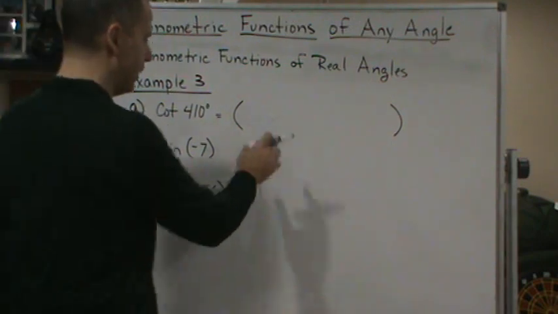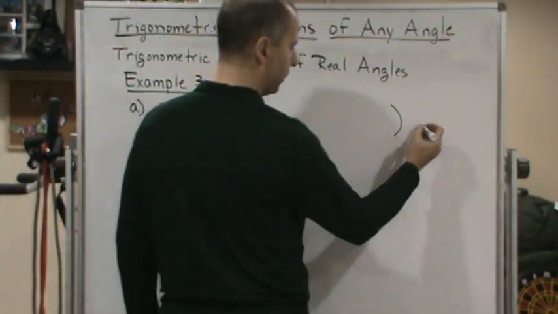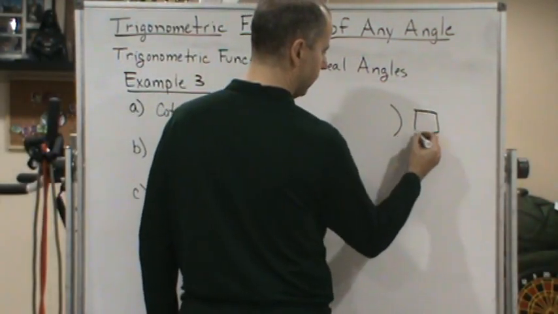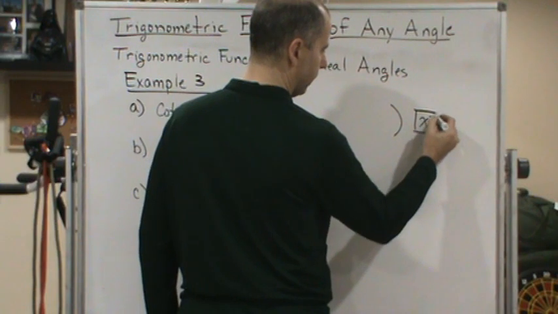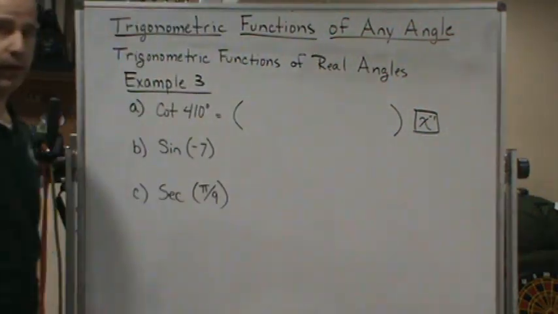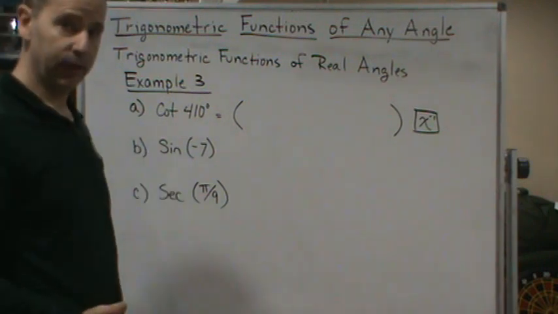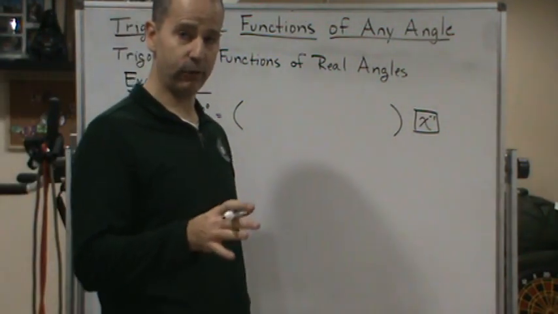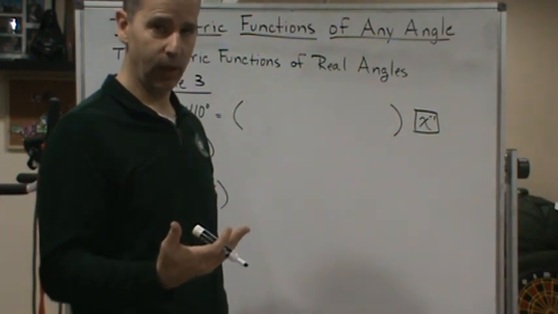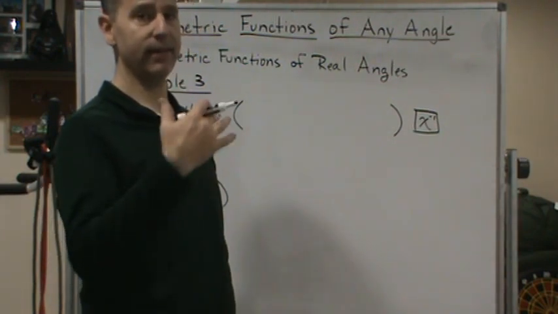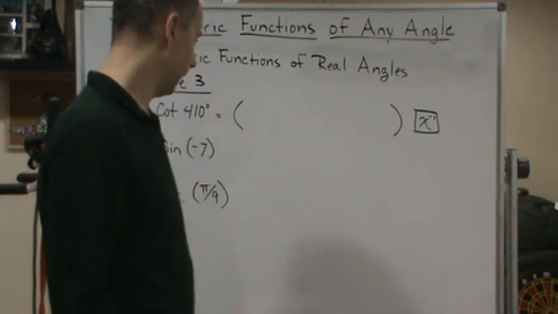Then I'm going to use the inverse key, x to the negative 1, to flip it. We don't have a cotangent key, so we'll find tangent and then take the reciprocal of that answer.